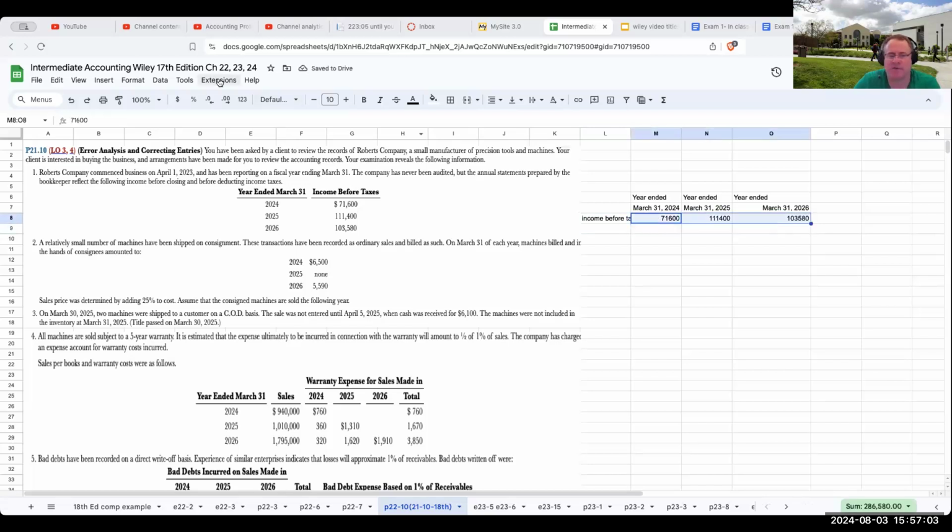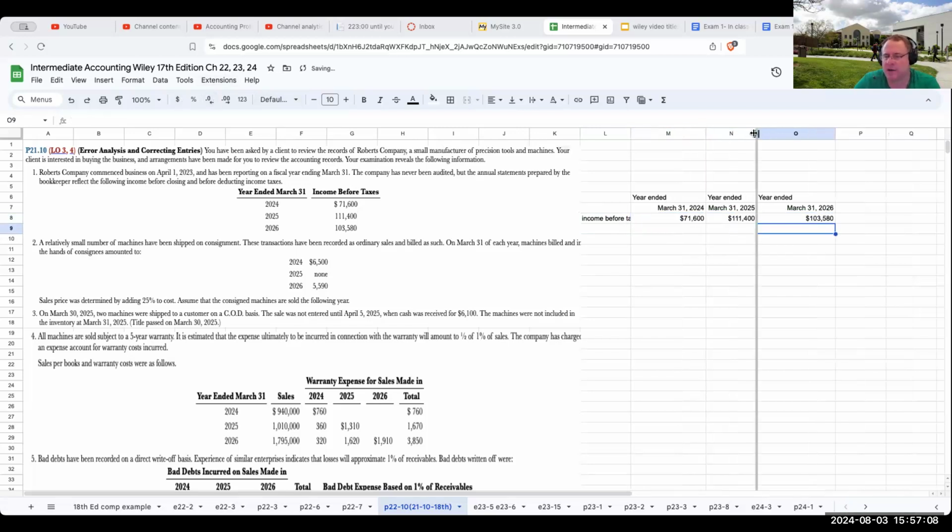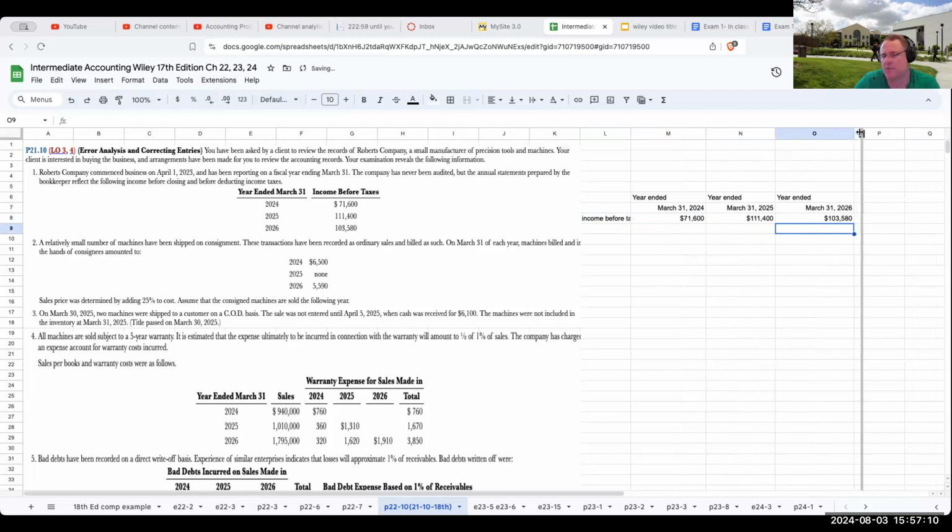So what we're effectively going to do is take these amounts and adjust them according to the additional information.